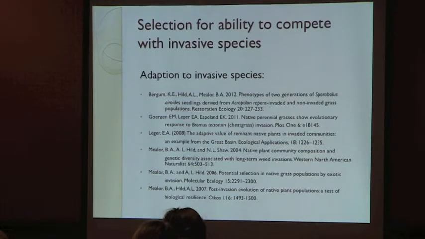So in terms of plant selection, it's also getting a lot of attention that a number of studies suggest that plants will adapt, native species will adapt to challenge from invasive species. And I've been interested in this for quite some time now.